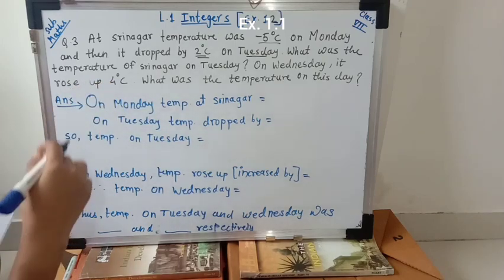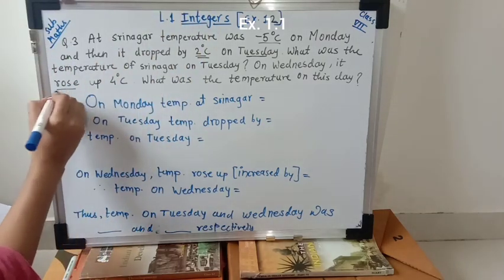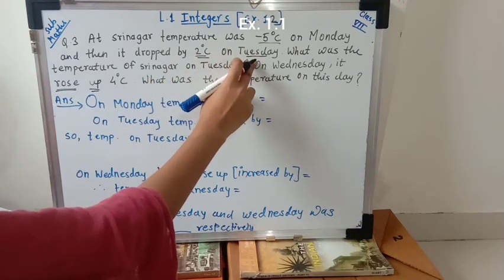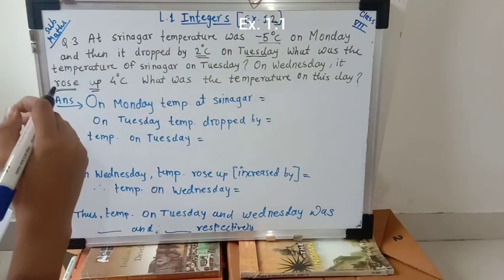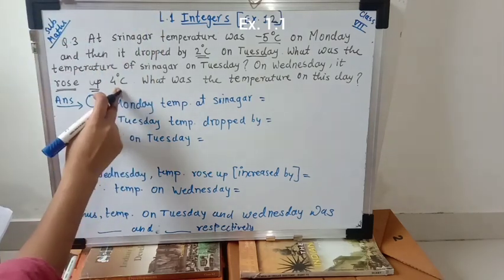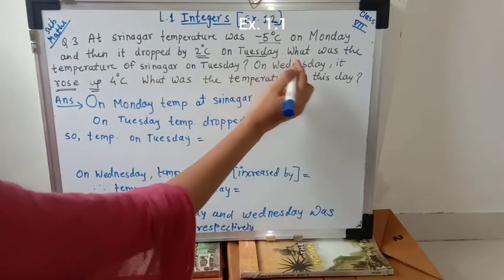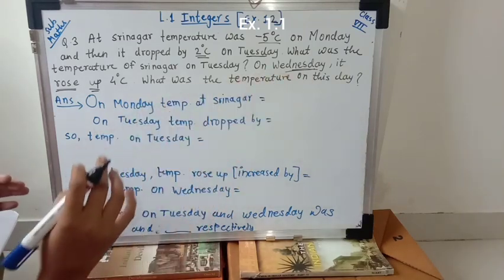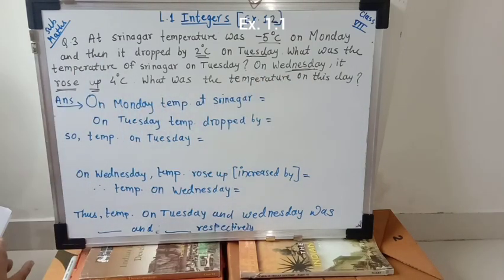Rose up means increased. That temperature was increased by 4 degrees Celsius on Wednesday. So what was the temperature on Wednesday? That we have to find out.